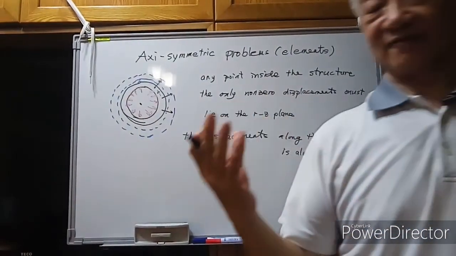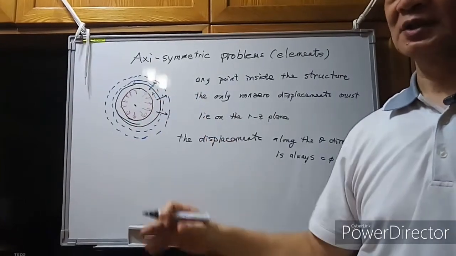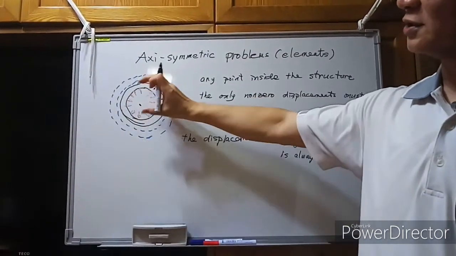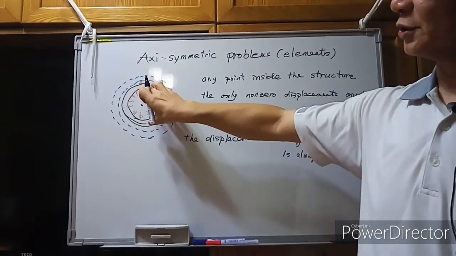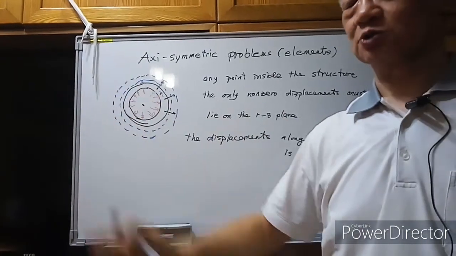But do we have the non-zero strain, the epsilon theta? You can see the radius of the structures. That's the original structure, and the blue color is the deformed structure.